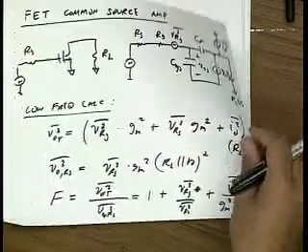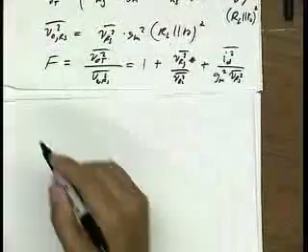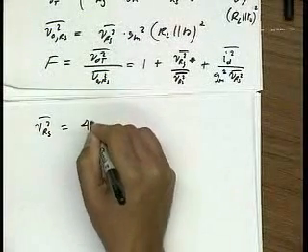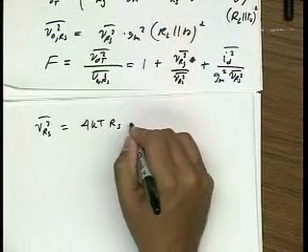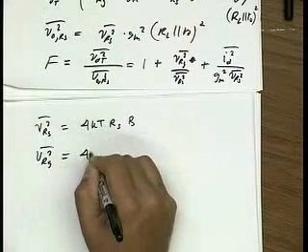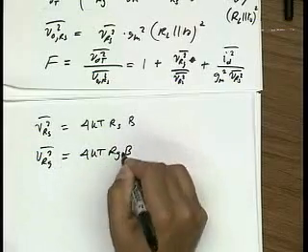All right. So now let's plug in some values. VRS is 4kT RS times the bandwidth. VRG is 4kT RG times the bandwidth.